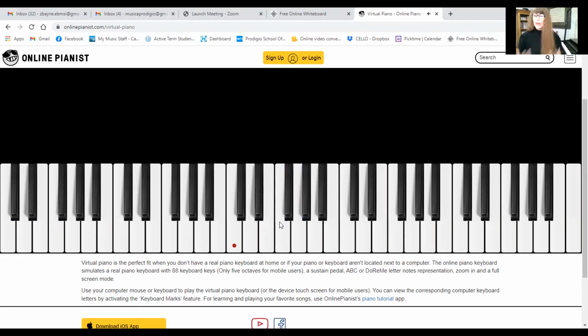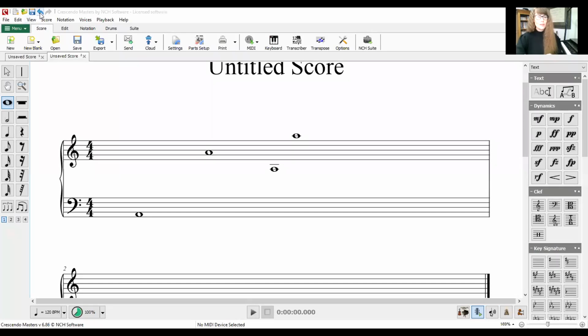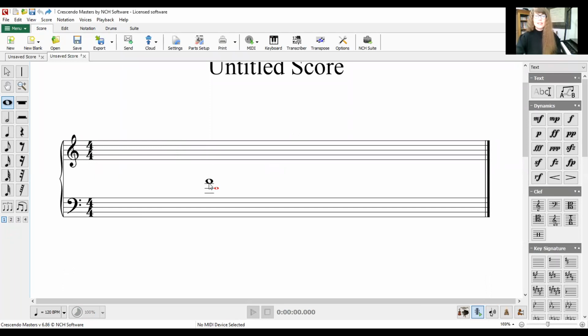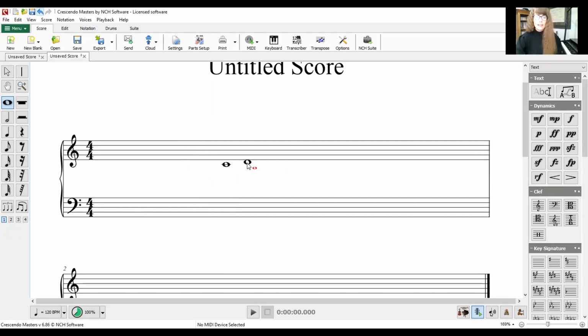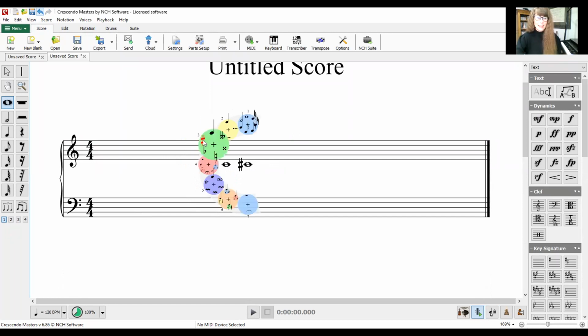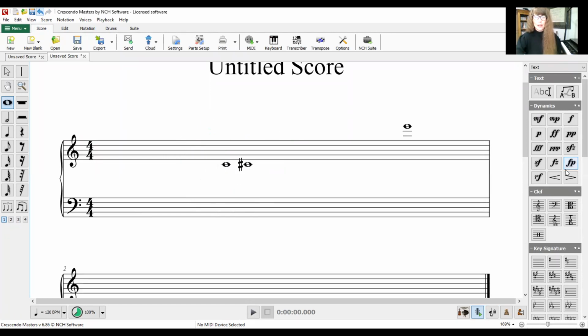Now, in this unit, we're writing theory, so it's not just a matter of playing it on the keyboard. We need to actually write this out. So I'm just going to share my other page here, and we'll notate some of these and see what they look like. So if I'm on a C, and I'm looking to move a half step above, I can notate another C, but I need it to be the next half step, so I'm going to sharp that.